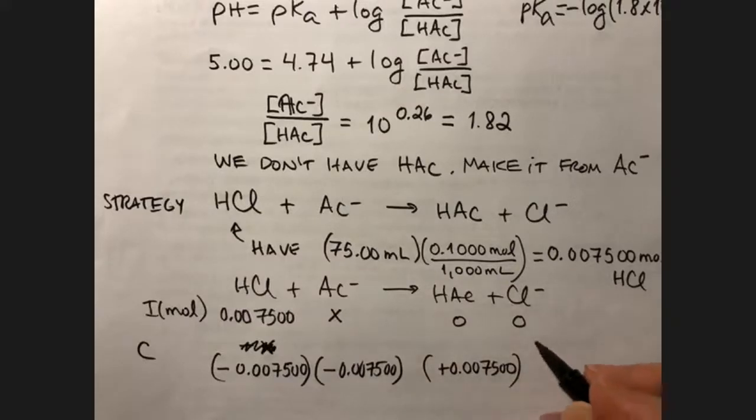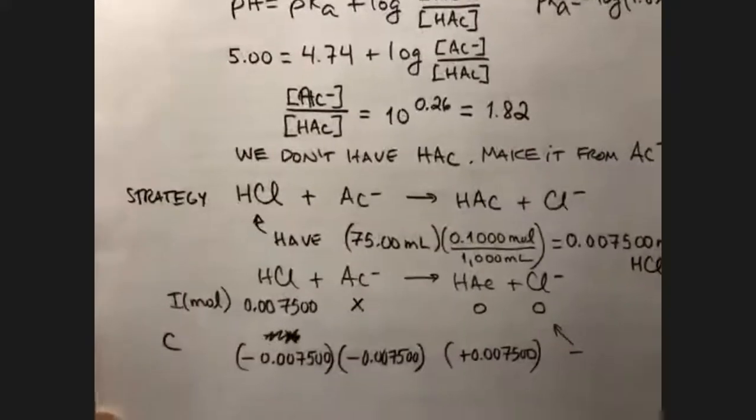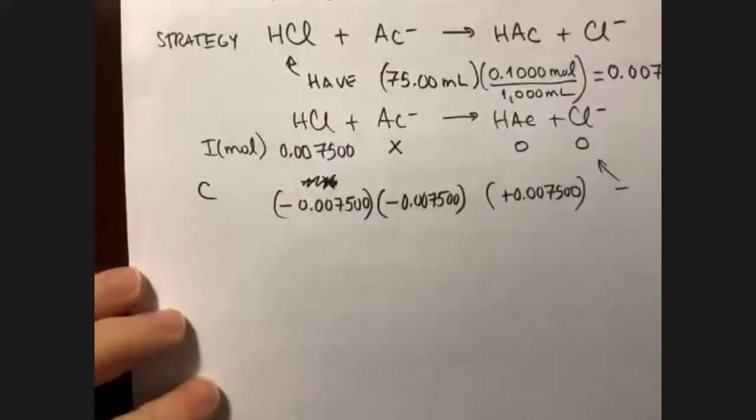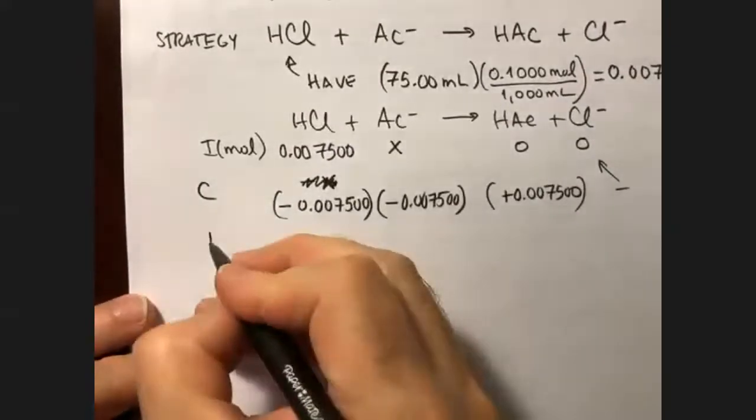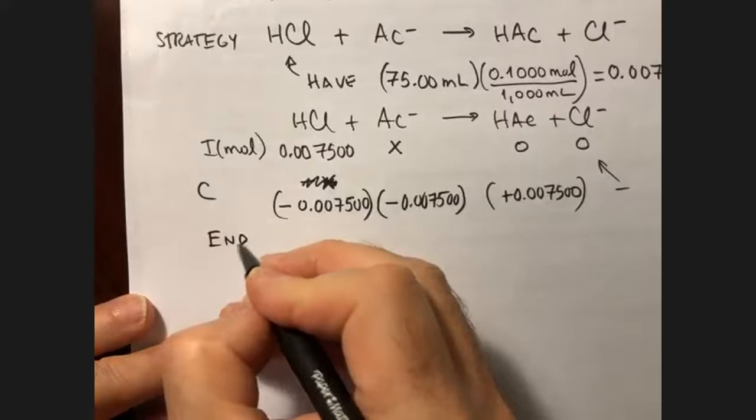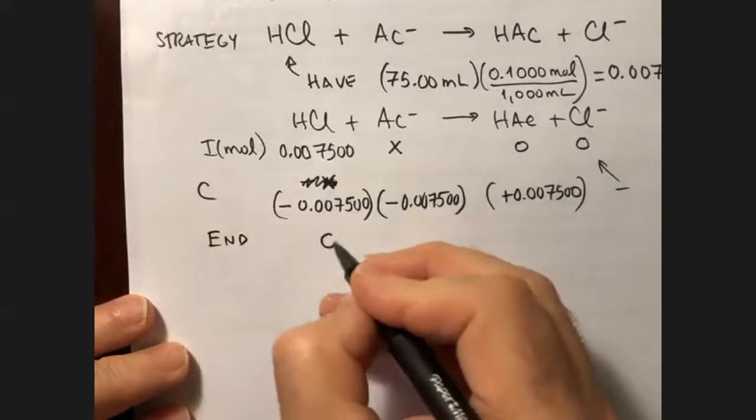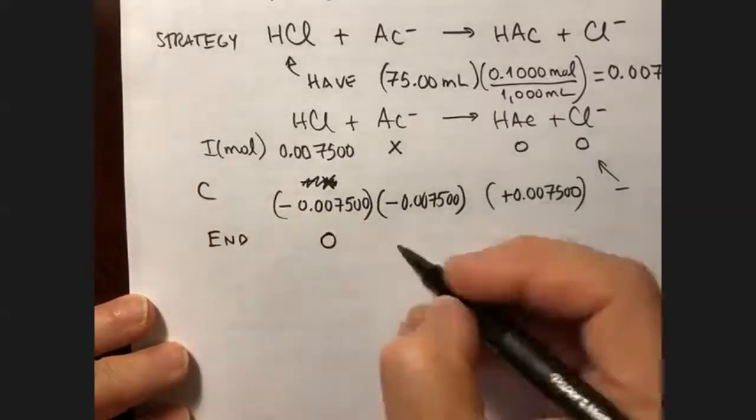And of course this one also, but you know we don't care about the chloride ions here. They don't contribute anything to our buffer system. Okay, so at the end, we're gonna have 0 HCl left.